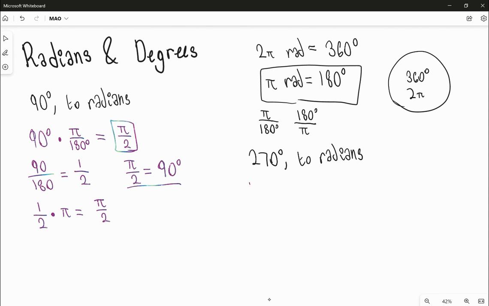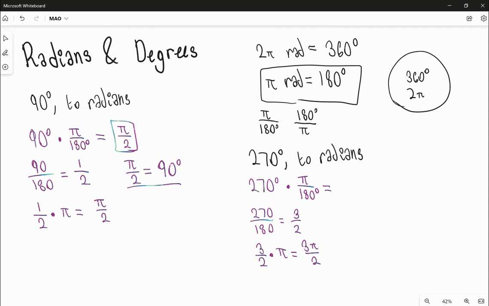Well, if you have 270 degrees and you want to convert to radians, you use the radians ratio, which is pi over 180 degrees. 270 divided by 180 is 3 over 2, because again 27 over 18, you can get rid of 9 from both of those and you get 3 over 2. 3 over 2 times our pi is 3 pi over 2.